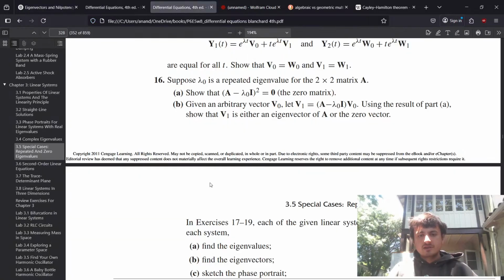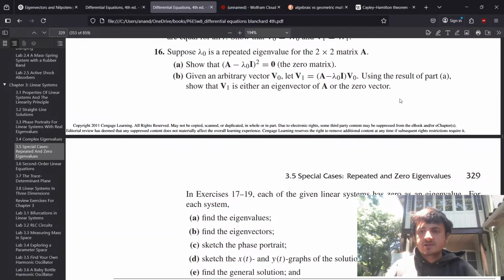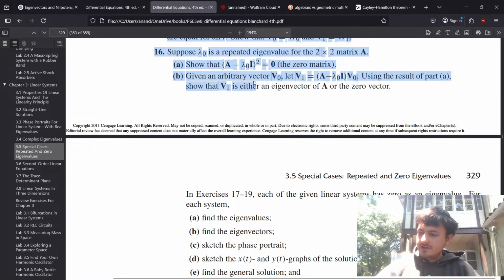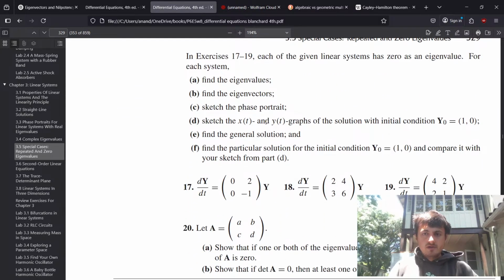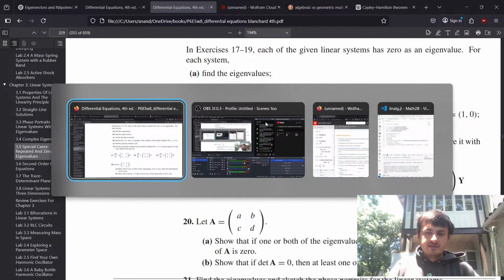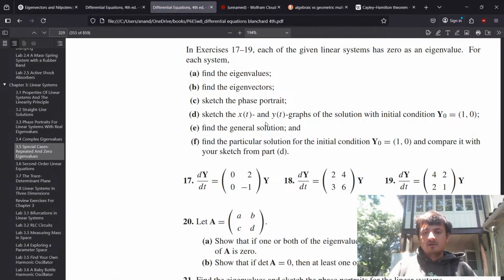All right, let's move on. I could do this literally all day, but this problem 16 is the best problem in this whole section for sure. It's not computational. It's like a very deep thing.